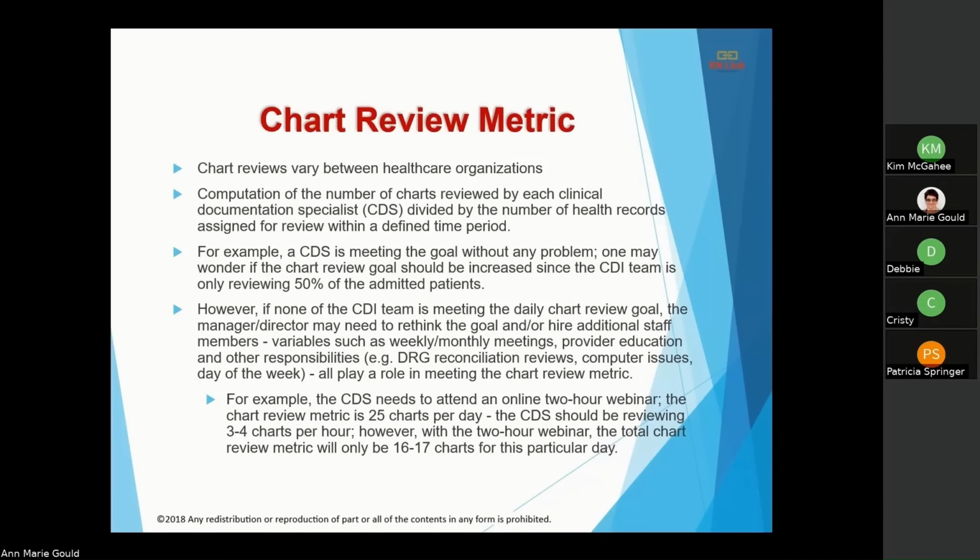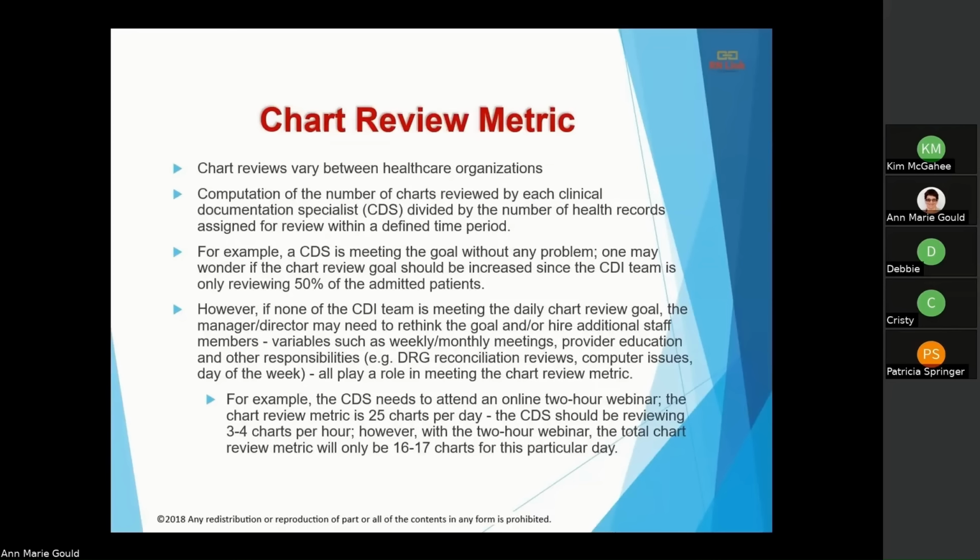One may wonder if the chart review goal should be increased since the CDI team is only reviewing 50% of the admitted patients. So if they're meeting that low goal, you want to increase it. However, if none of the CDI team is meeting the daily chart review goal, then the manager or director may need to rethink that goal, and or hire additional staff members.